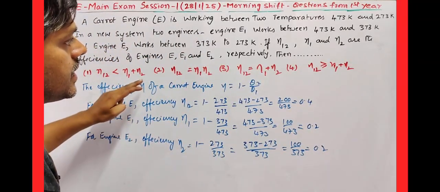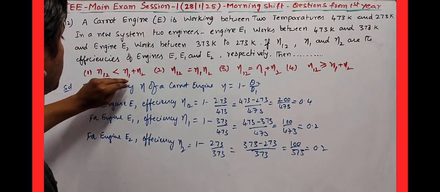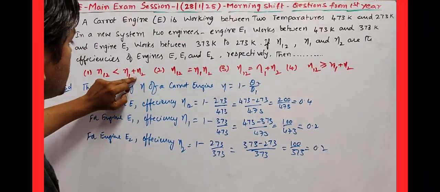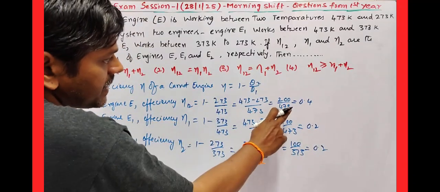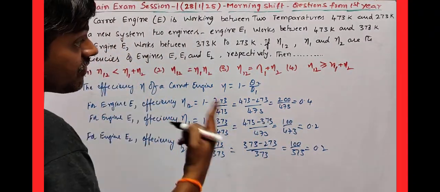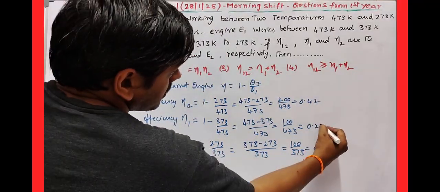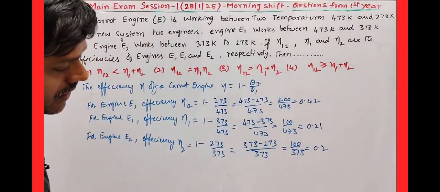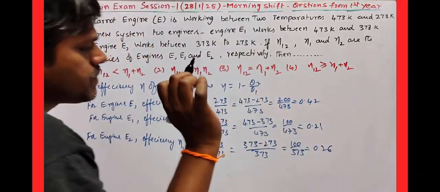According to this, it is very clear there is a relation between them: eta is less than eta 1 plus eta 2. But here it seems eta equals eta 1 plus eta 2. While calculating in decimals, the answer may vary, so we must be very cautious while doing it. Taking second decimals also, it is approximately 0.26.